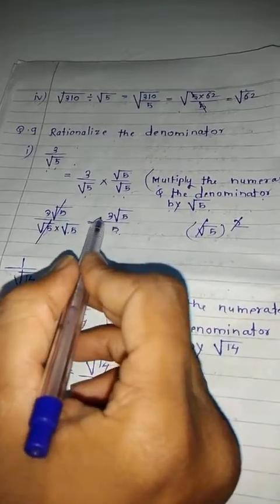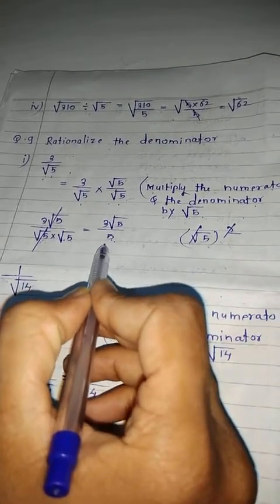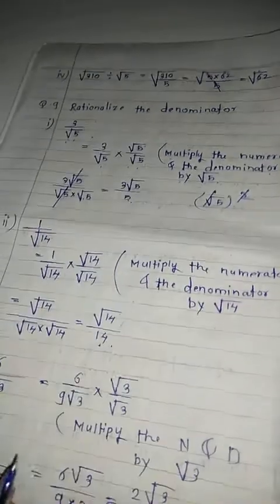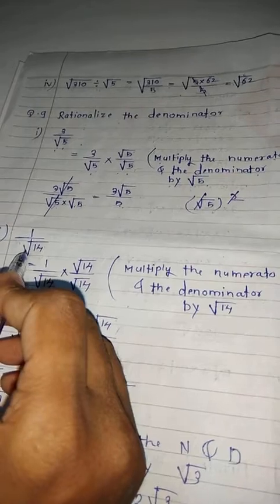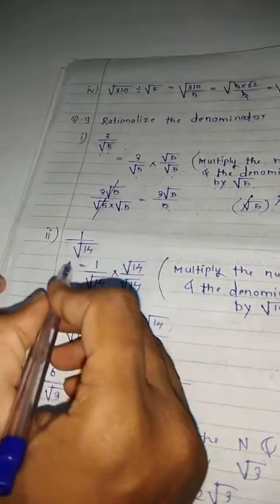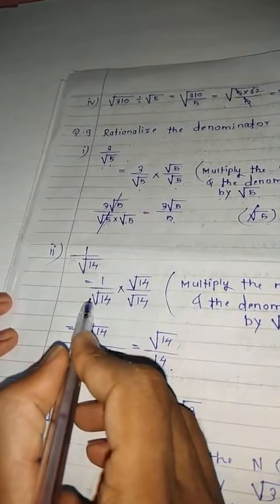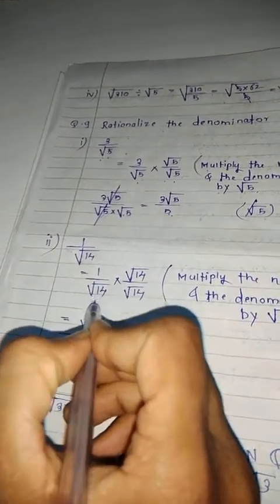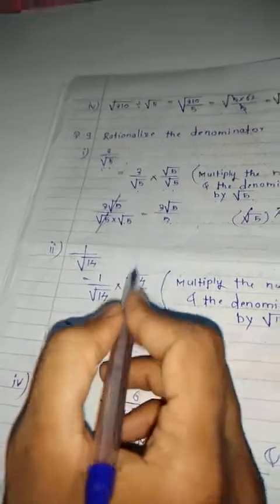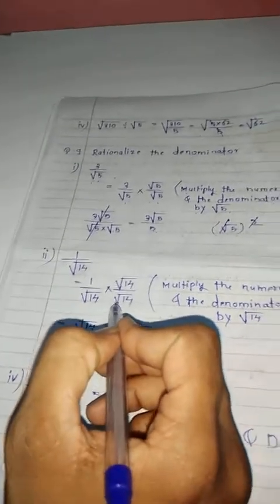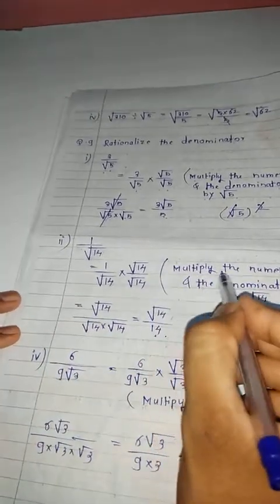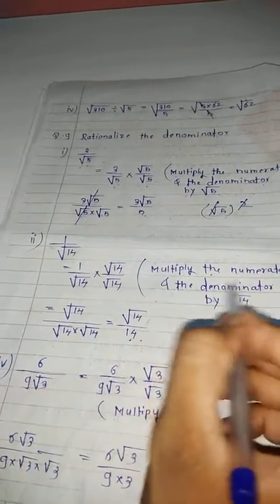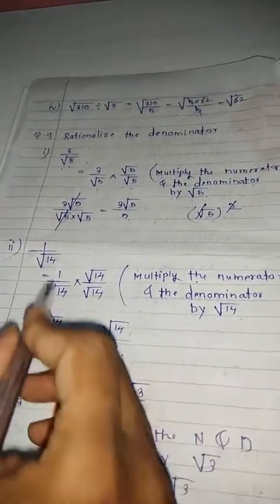So students, your answer is 3 root 5 upon 5. Another example: 1 upon root 14. We just rationalize the denominator, so 1 upon root 14 into root 14 upon root 14. This means we multiply the numerator and the denominator by root 14.